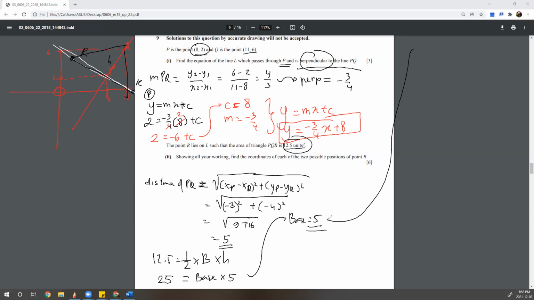So base equals the length of PR. So 5 equals square root of XP, 8 minus xr squared plus 2 minus yr squared. Woohoo!